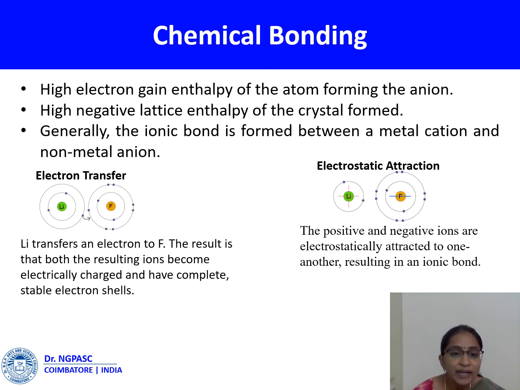The outermost shell of fluorine now has 8 electrons. The positive and negative ions, the lithium cation Li+ and the fluoride ion F-, are electrostatically attracted to one another, resulting in an ionic bond.